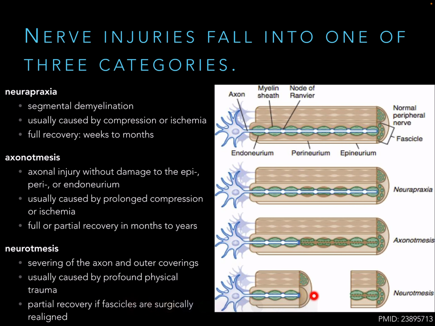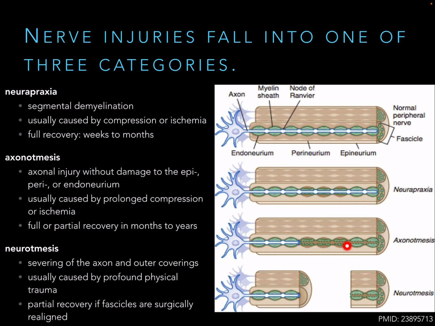So nice little cartoon over here. Here's a happy neuron and a few neighbors. Its axon's running in this big old bundle of neurons here, the nerve itself. And we've got nice green myelin sheaths. When we lose the myelin, but everything else is fine, we call it neuropraxia.